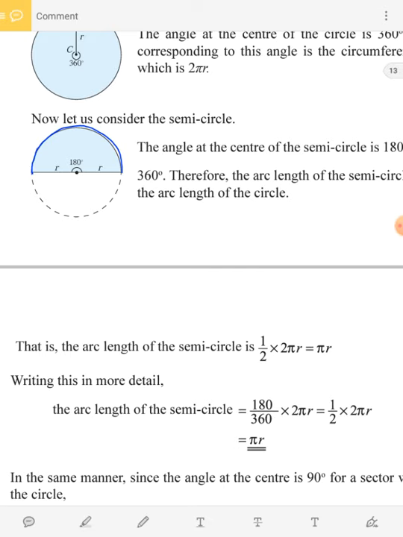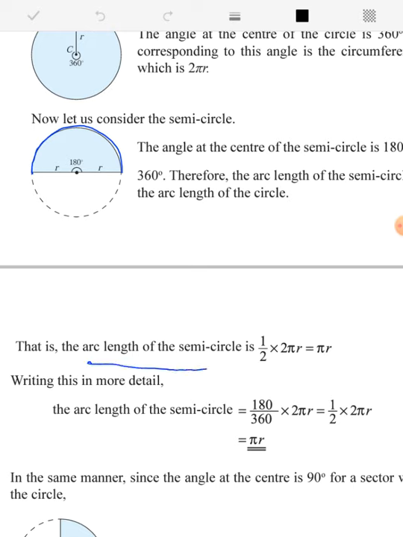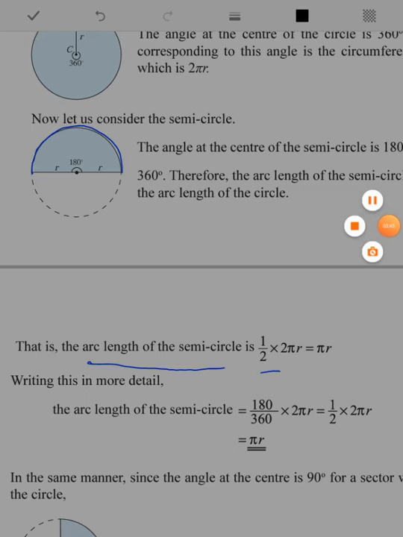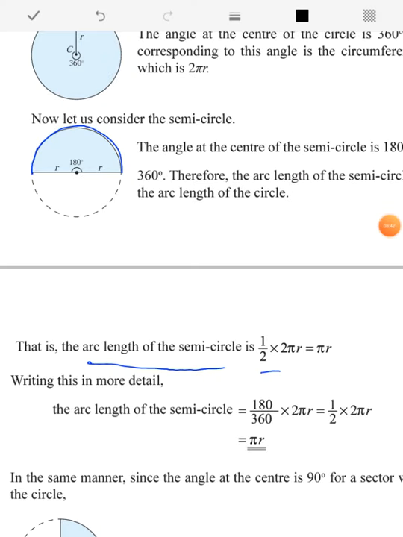So here you could see the arc length of the semicircle is half times 2 pi r. You can write it like this in more detail.